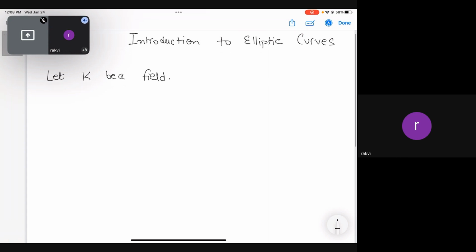So let me start by talking about projective coordinates, because our elliptic curve is a curve, right? It's given by an equation, and the variables sit in this projective space. So let me begin by talking about this.